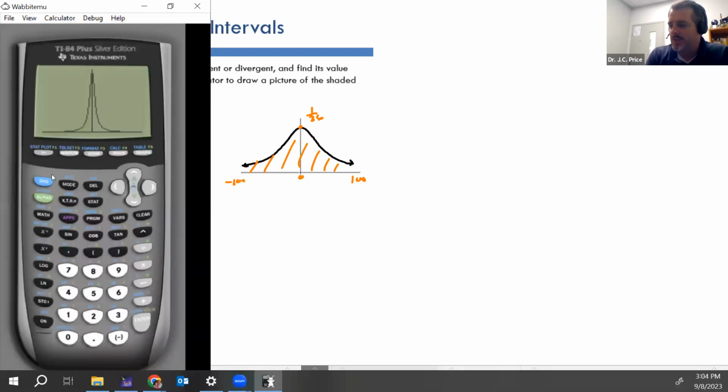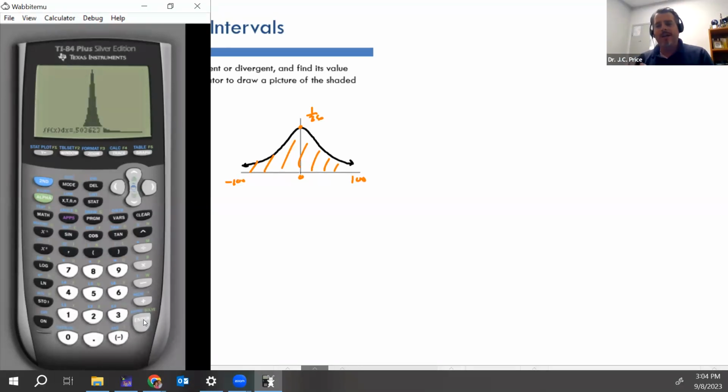So I can hit second trace again and go down to number 7, that definite integral, and plug in negative 100, hit enter, and then 100, hit enter. And you'll see we get another number, and I'm pretty confident that this is going to converge.